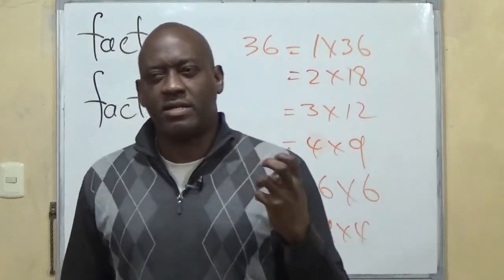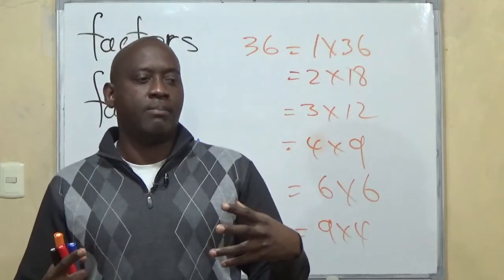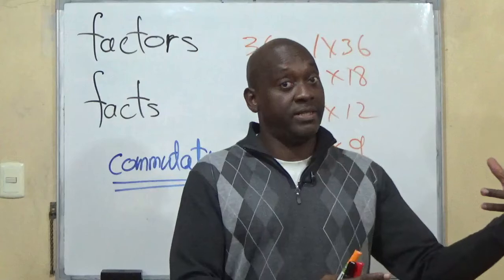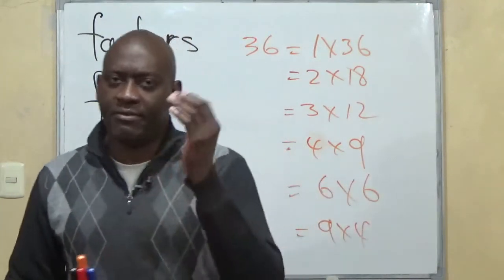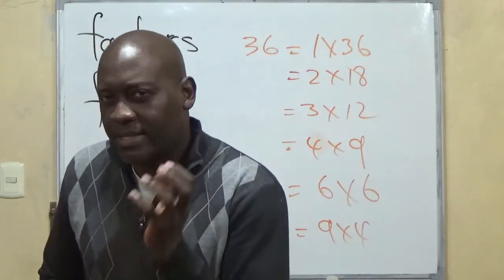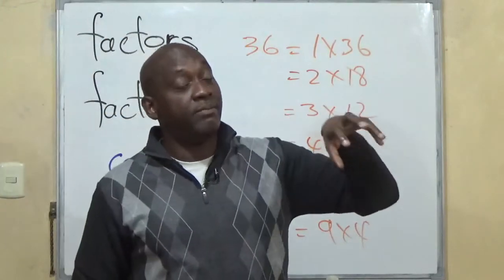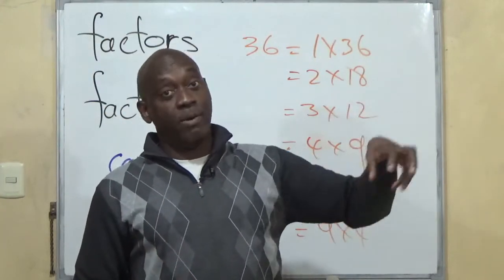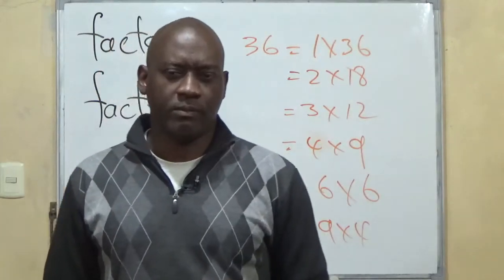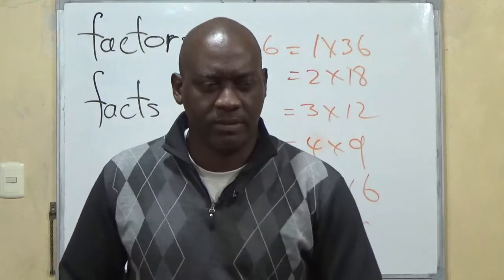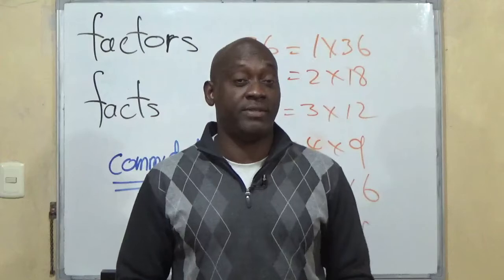So the factors of 36 are the numbers that will multiply by some other number to give 36, by some other factor. So if we identify that one particular number is a factor of 36, then whatever other number you multiply that number by to get 36, that number will also be a factor of 36. So if 4 is a factor of 36, and we know that 4 by 9 is 36, then 9 must be a factor of 36.